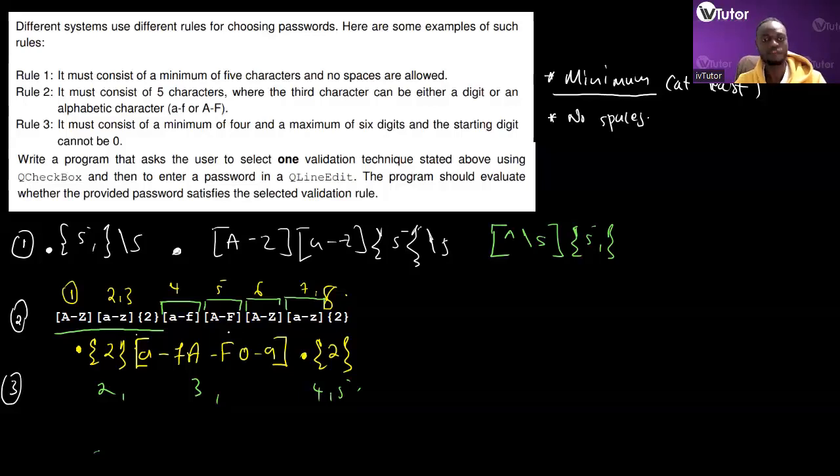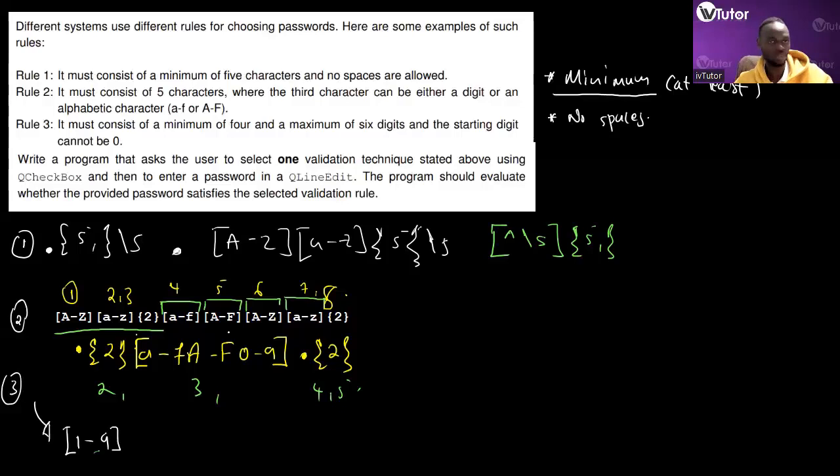Right? Then for rule number 3, it must consist of a minimum of 4 and a maximum of 6 digits. The first one cannot be a 0. Now for rule number 3, that's going to be easy because now we know the first one cannot be a 0. So it's going to be 1 to 9. Now I'm left with 3 to 5 digits because they said 4 to 6.